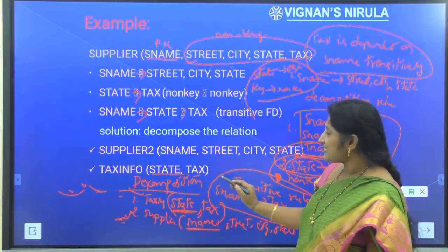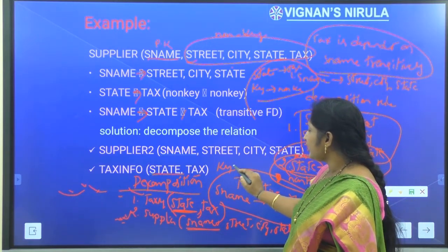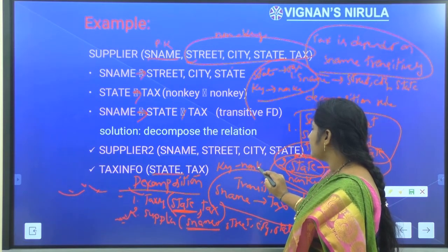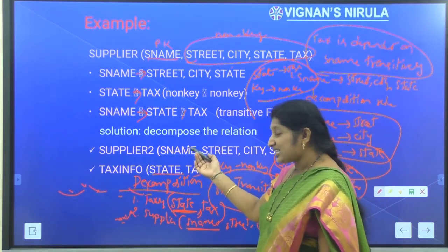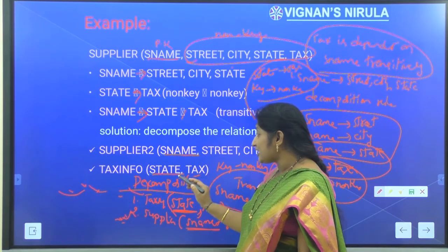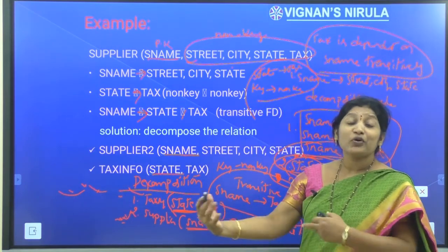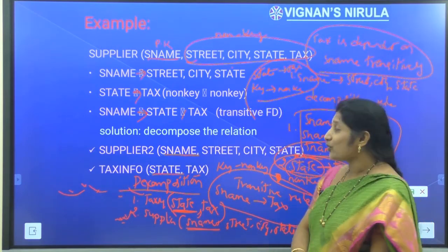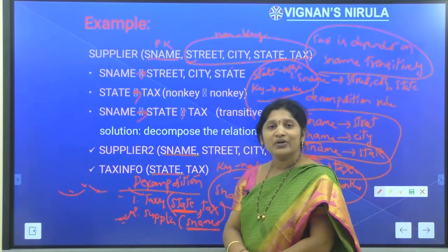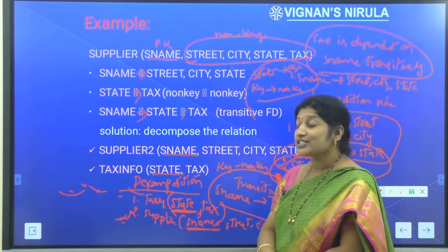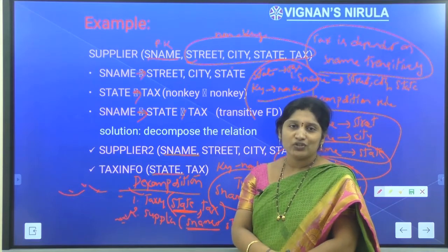Now state implies tax becomes a key to non-key relationship. And why? Because the S name is present in another table and state is present in another table. I can't apply the transitive rule in order to derive S name implies tax. That's how I have avoided the transitivity also.